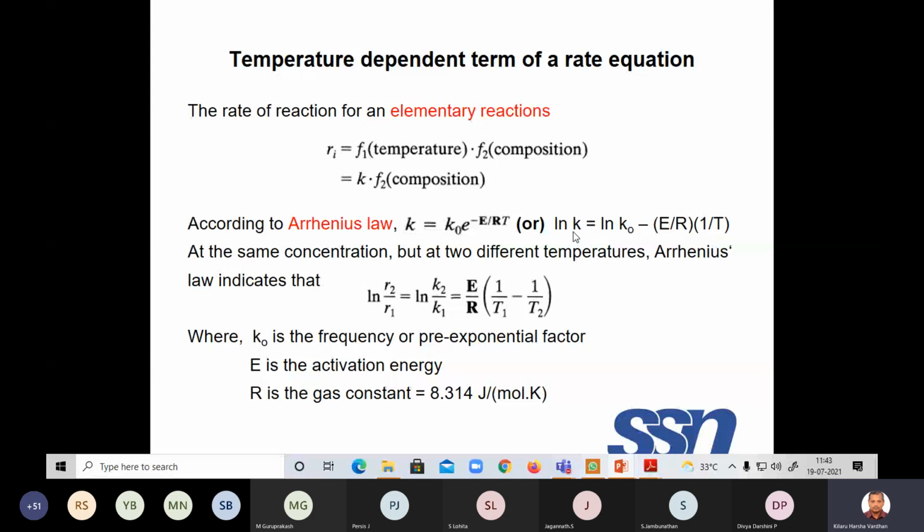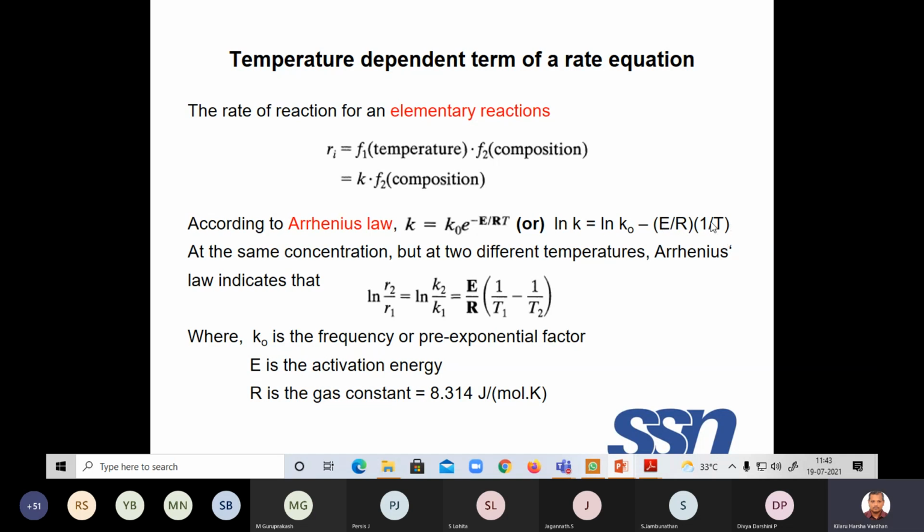If you substitute here, what will happen? Ln K1 is Ln K0, because this is constant, minus E by R into 1 by T1. Substituting the second temperature, Ln K2 is Ln K0 minus E by R into 1 by T2.